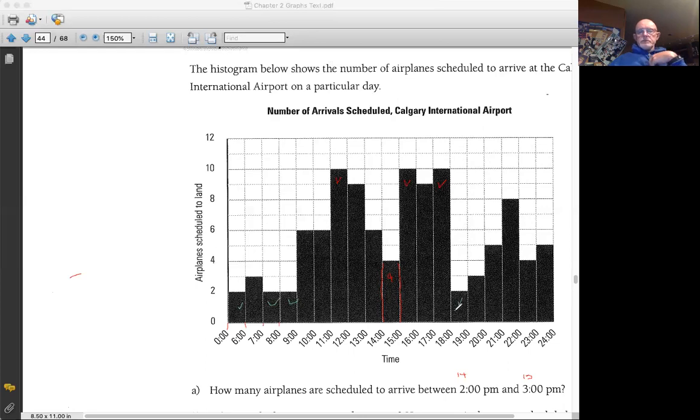Well, those are 2, but the difference is in the time. This accounts for 6 hours, while each of these accounts for only 1 hour. So really, the quietest time is from midnight till 6 in the morning.